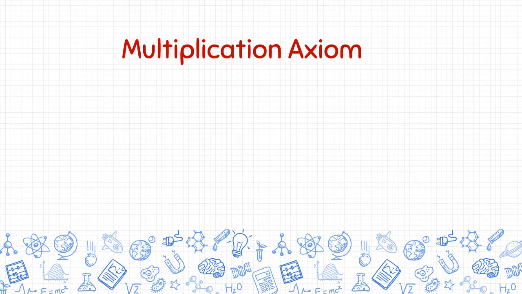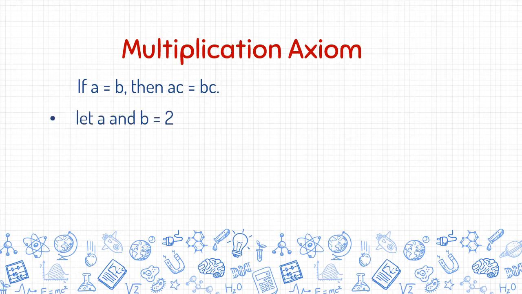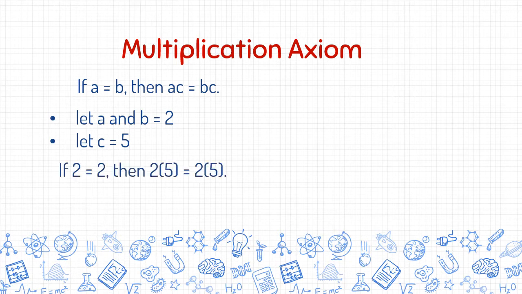Next axiom, we have the multiplication axiom. So the rule here is if A is equal to B, then AC is equal to BC. So let A and B be equal to 2, since A and B are equal. Then let C be equal to 5. So if 2 is equal to 2, just substitute the value of A and B to the axiom.